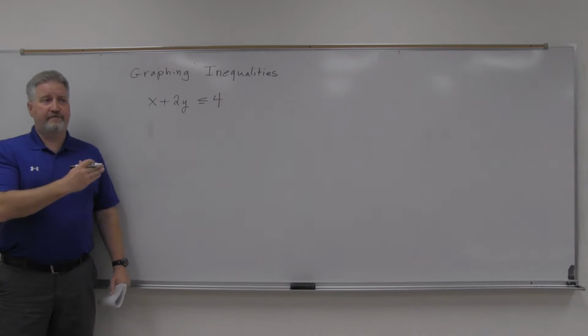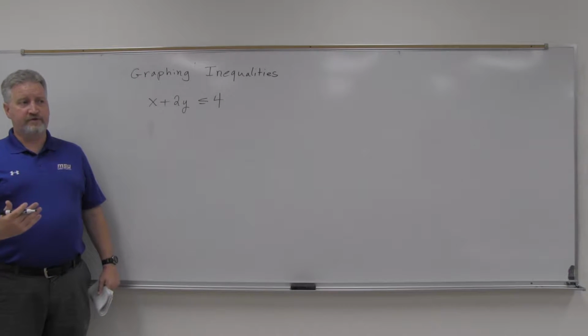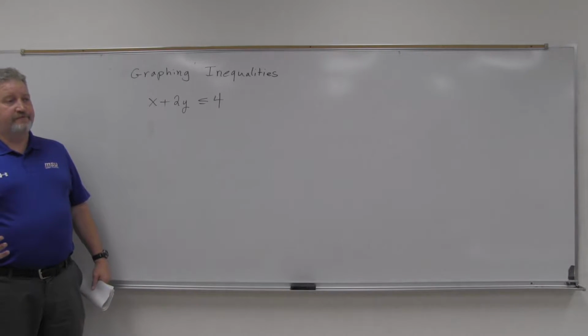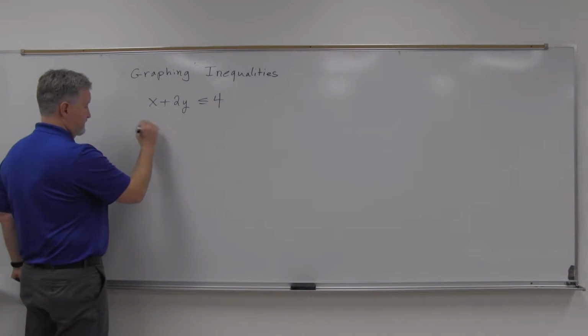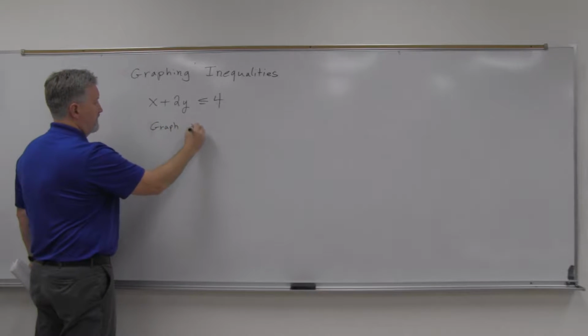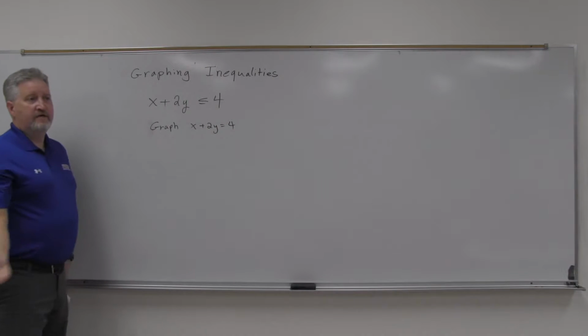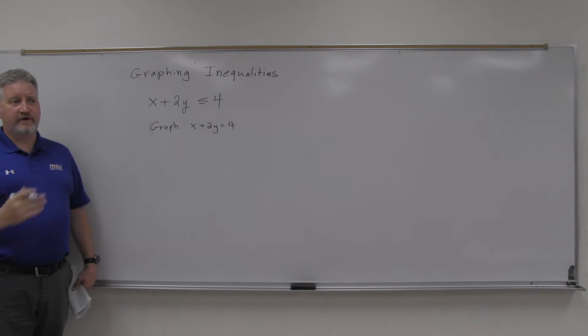However, we do have the equal to part here, and so the first thing you do on these inequalities when you're graphing them is you first graph the equals to part, whatever that may be. In this case, we got x plus 2y equals 4, so I graph that first.